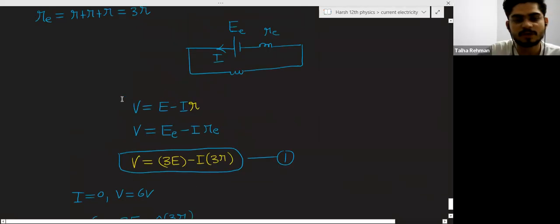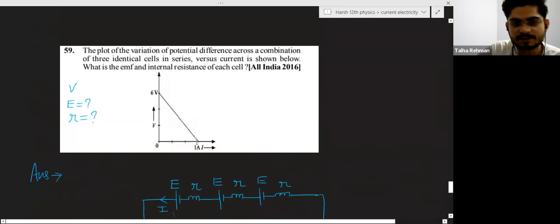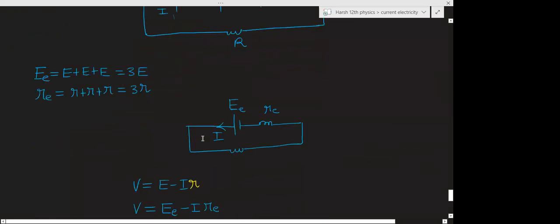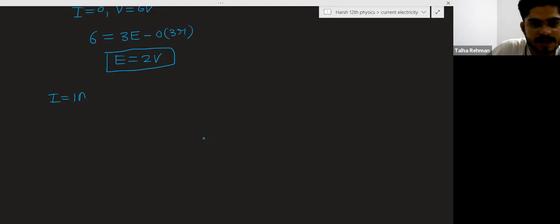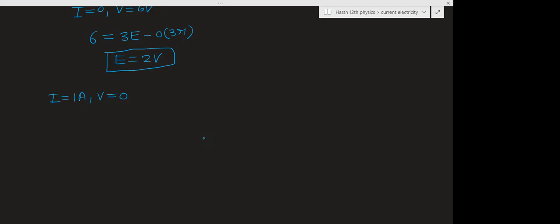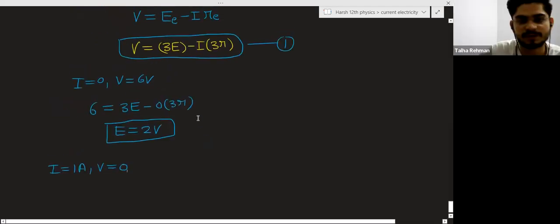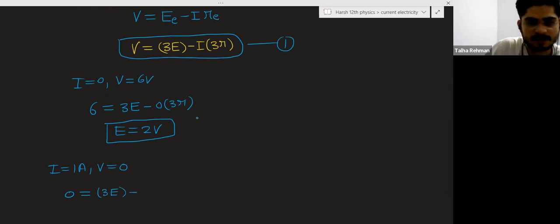Now see in the graph, when the current is 1 ampere, the potential difference is 0. So just put all the values in this equation. V is equal to 0 now, and this will remain 3E minus current, this time 1 ampere, times 3r.